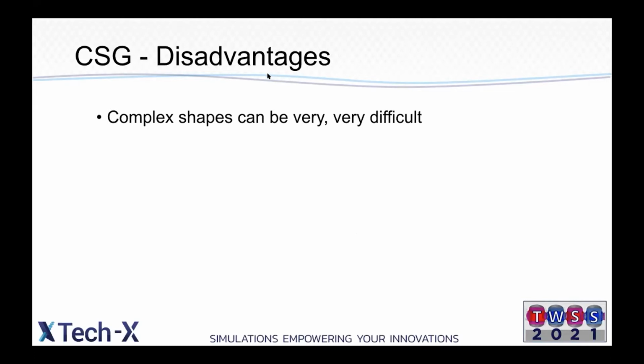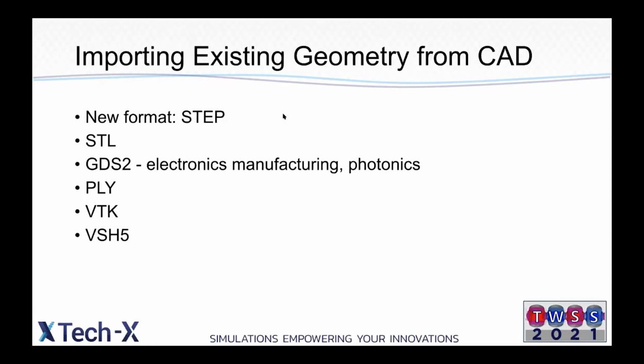So disadvantages, of course, that making a complex shape can be very difficult. It's amazing what you can do with CSG, but it is a different way of thinking about creating things, and it can be very, very challenging. And there are certain shapes that you really can't even do, which is a perfect time to talk about CAD files.